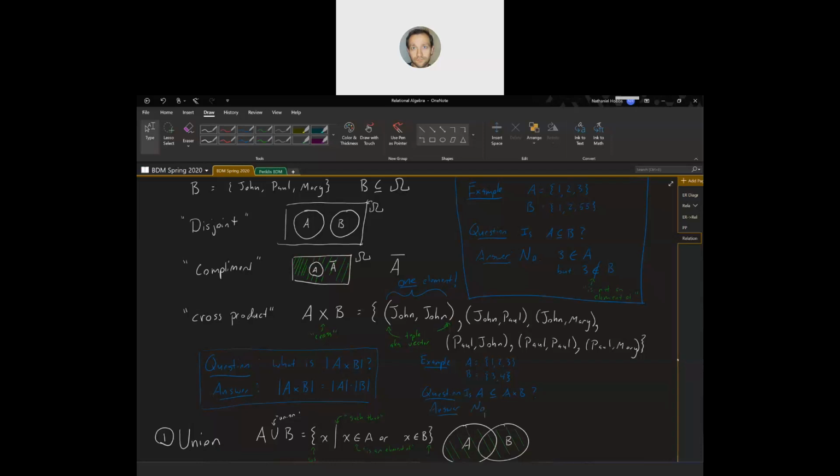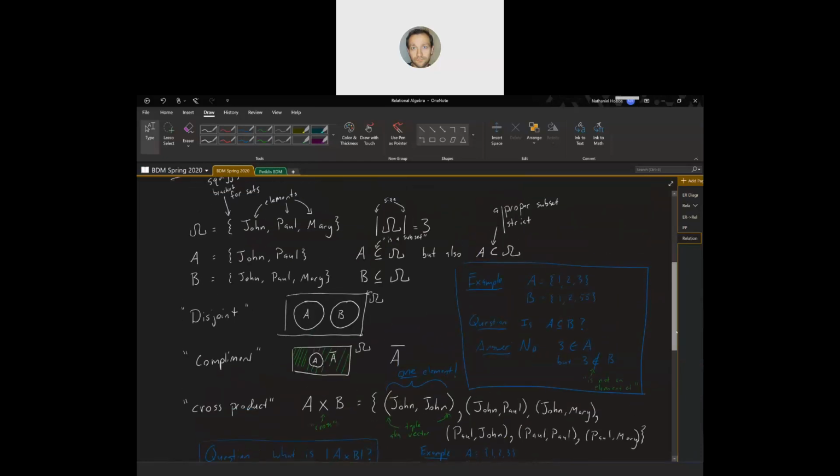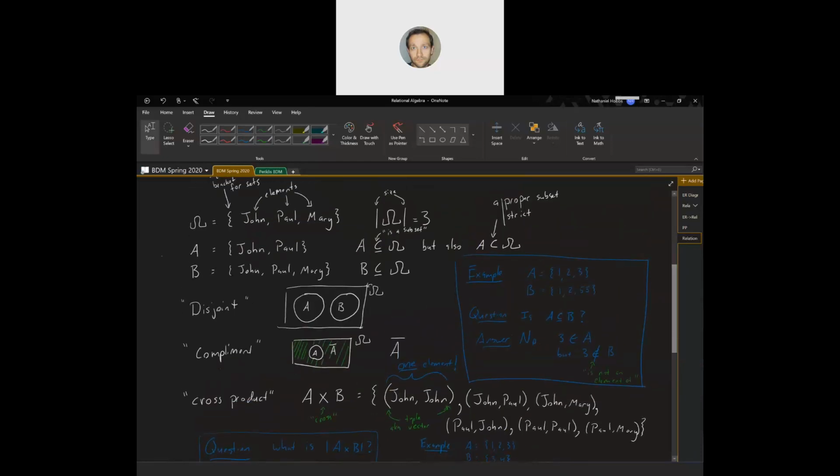So, for example, here, if A is John and Paul, an easy way to get to the answer is this is still a tuple, or it's still a vector, but this is sort of implied, putting these in parentheses.